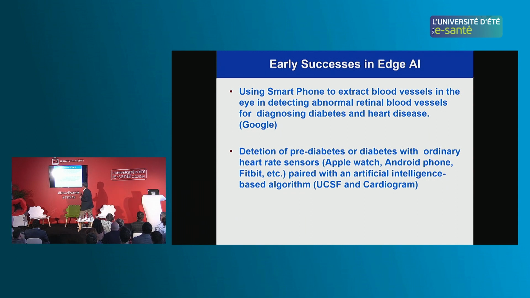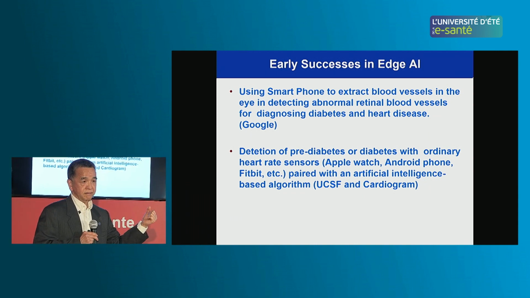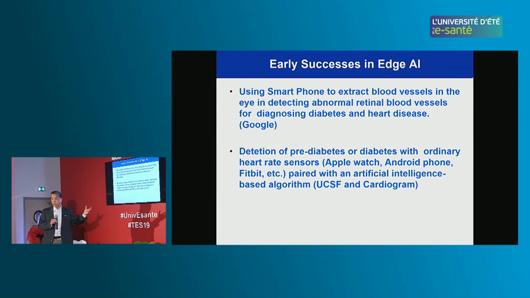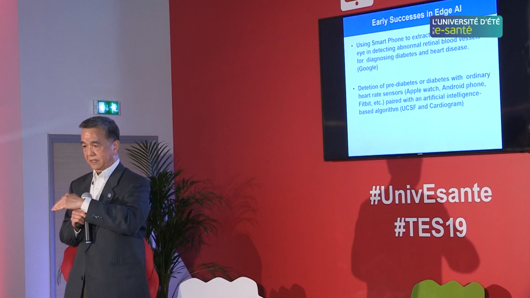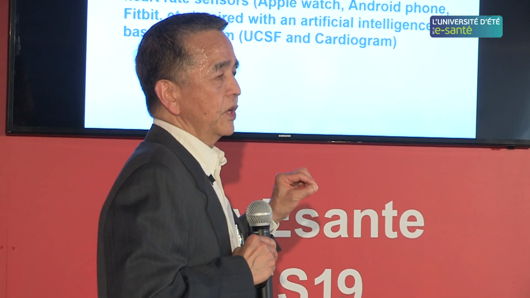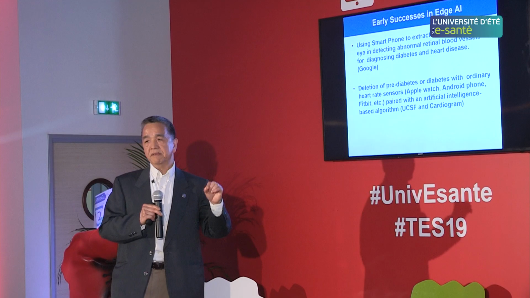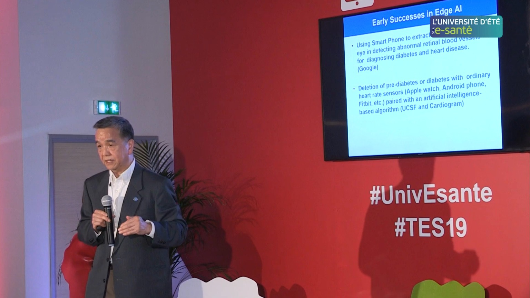The second one is the detection of prediabetes or diabetes using wearable electronics like a Fitbit, like the Apple Watch, and so on, simply looking at heartbeat variability and using that as data to identify who is in the high-risk group of having prediabetes, 10 years ahead of the onset of diabetes.